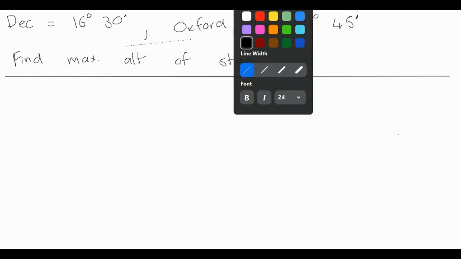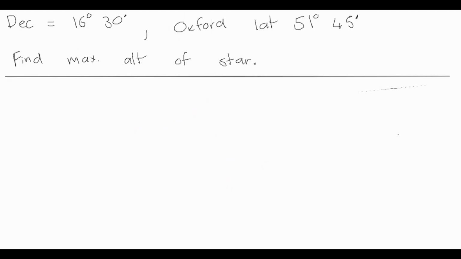Now, the second part of this question comes up quite a lot in exams. You've got your declination, which the astronomer in Rome has found, and now you are told of a new location, in this case Oxford, which has a latitude of 51 degrees and 45 arc minutes. Using this information and the declination of the star, we are going to find the maximum altitude of our star.